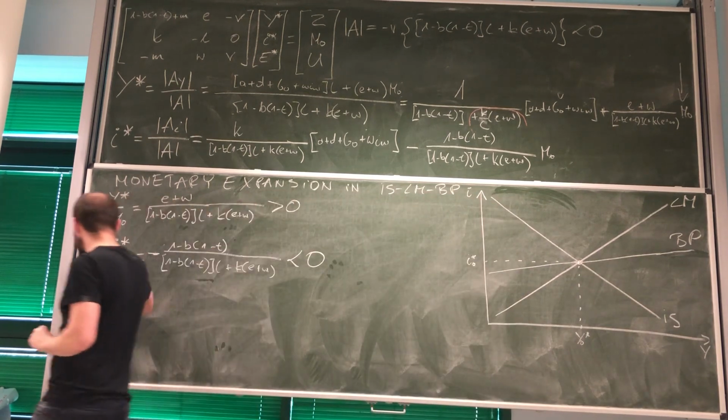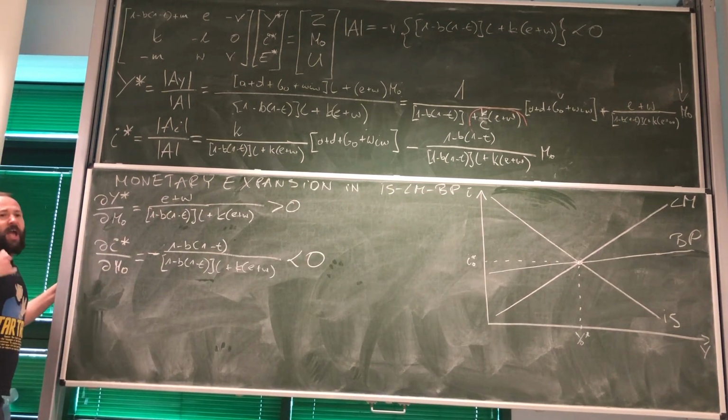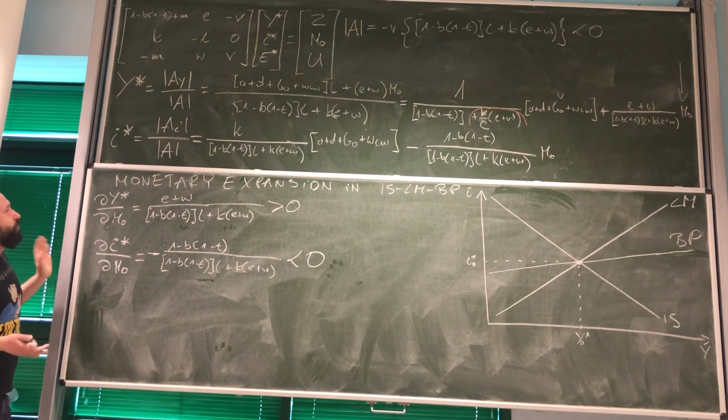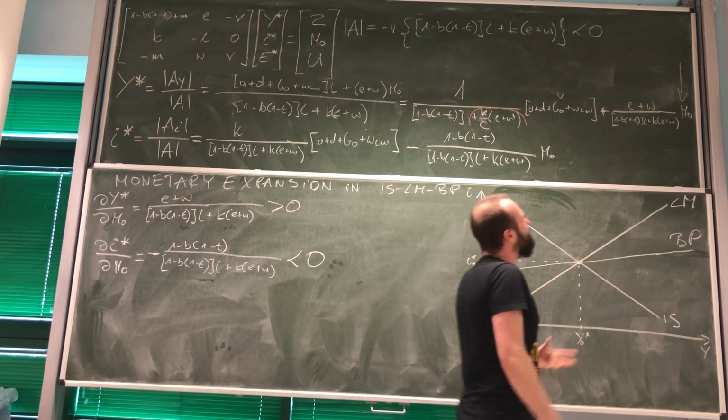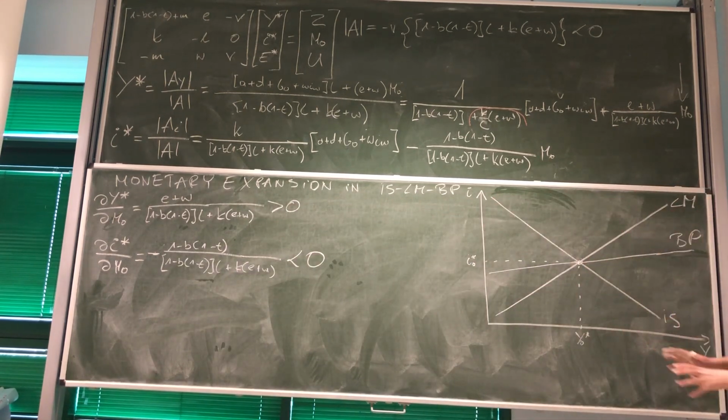Okay, so as I'm going to be talking about now impact of monetary expansion and later fiscal expansion, I'm going to try to stick as least as possible to what is happening in the closed economy, and I'm going to be putting more attention to what is happening in the open economy.